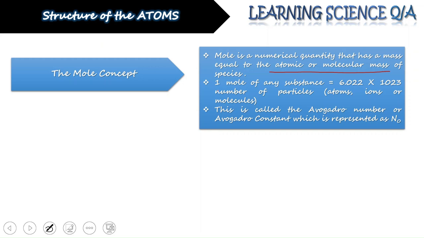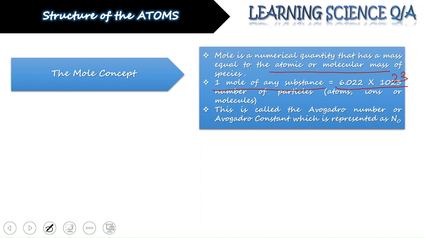1 mole of any substance has a fixed number of particles, and these particles can be atoms, ions or molecules. This number of particles is around 6.022 into 10 raised to the power 23. If we are talking about atoms, then 1 mole will have this number of atoms. If we are talking about any ion, 1 mole of that ion will have this number of ions.